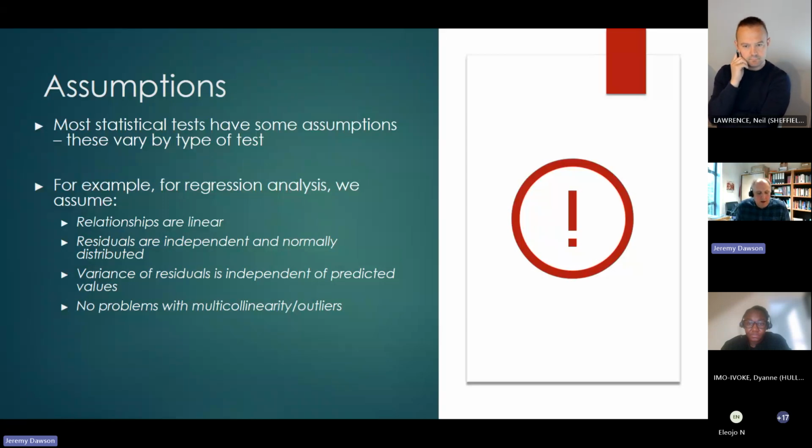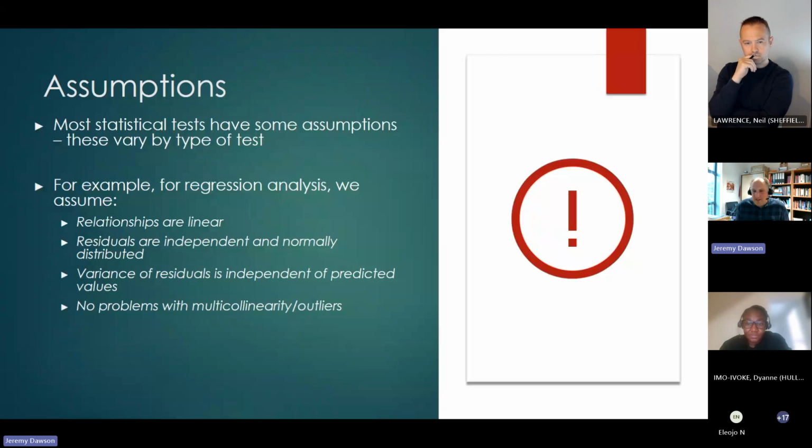So that's just a quick whistle stop tour through the assumptions for linear regression analysis, and I don't expect you to have necessarily understood all that or taken it all in or to remember it. If you've studied regression analysis before, that may ring a bell with you, but if not, then I wouldn't worry about it because it won't be the same for other methods anyway.